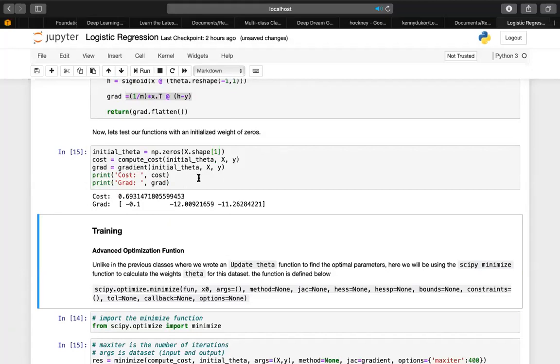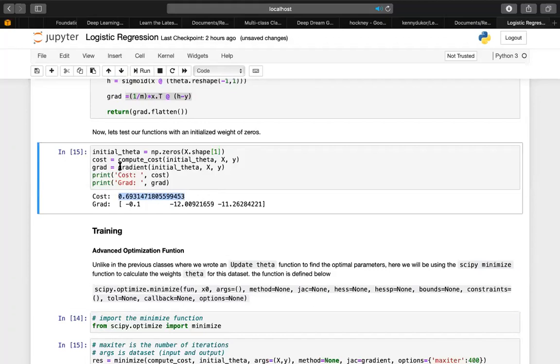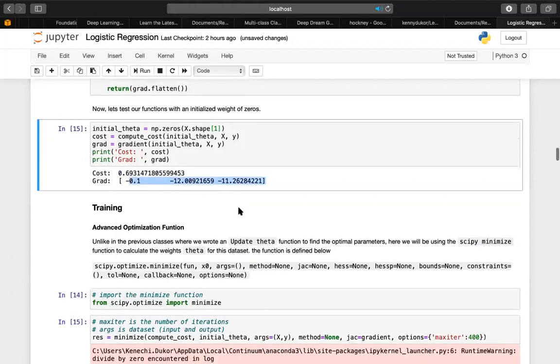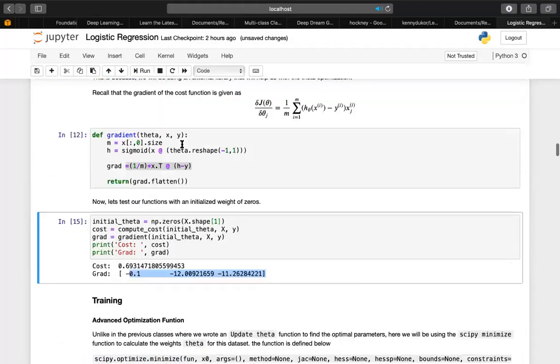So this is just random values. We are not optimizing anything. We are using random values of theta, and then we are computing the cost. And this is the cost. And then calculating the gradients. This is what we get after the gradient. So this is just us defining the functions.